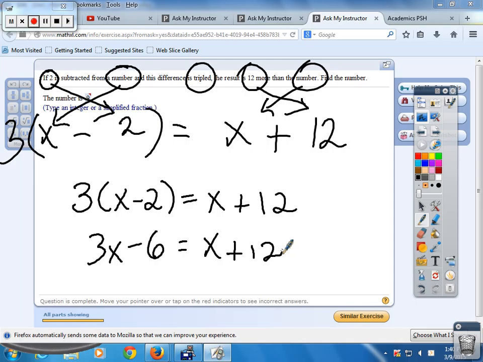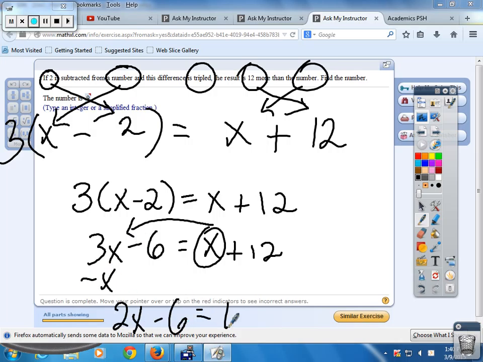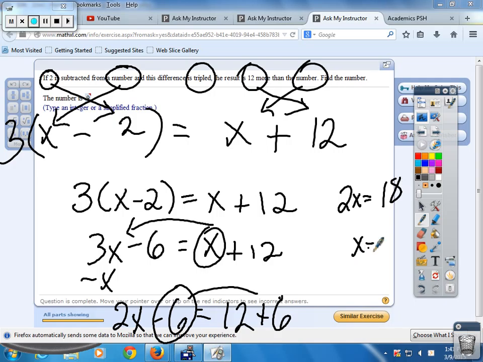Which one's the smallest bucket? The x. Bring the 12 across the river. Bring the 6 across the river. 2x is equal to what? And x is equal to 9.